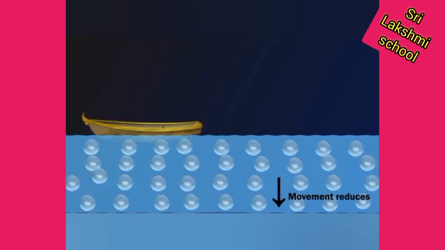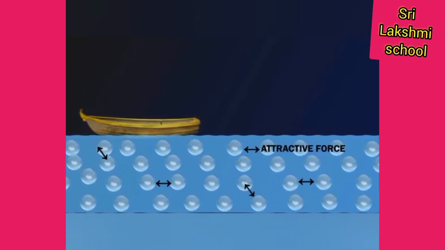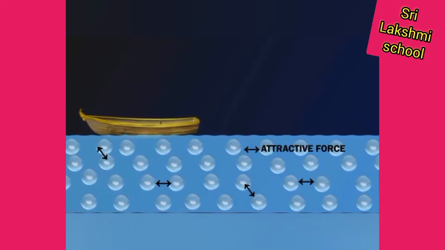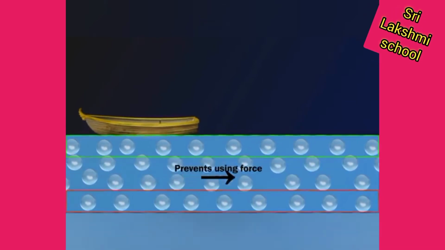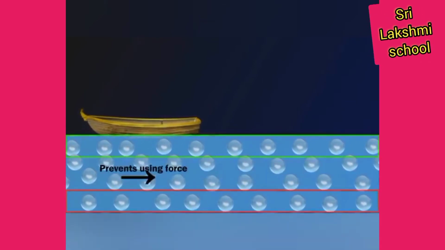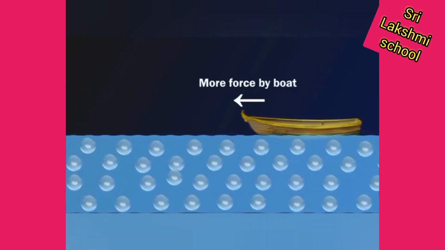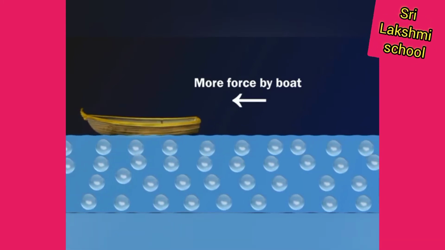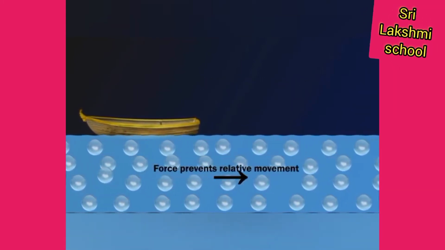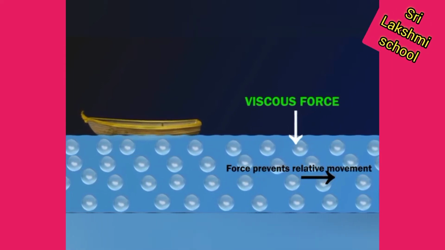But as there is a strong attraction force between the molecules inside the water, the molecules do not allow the topmost layer of molecules to move easily along with the boat, and a force is created between the layers of the molecules in water, and that is called viscous forces. So the boat needs more force to move forward because viscous forces are acting in the backward direction.